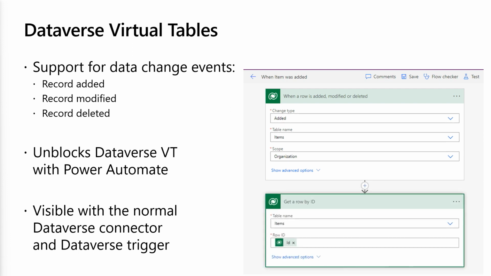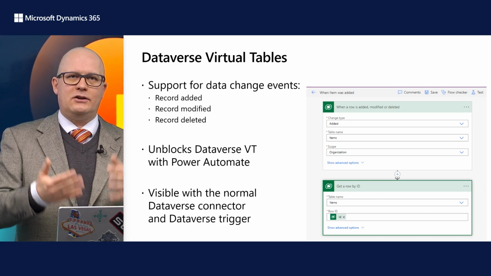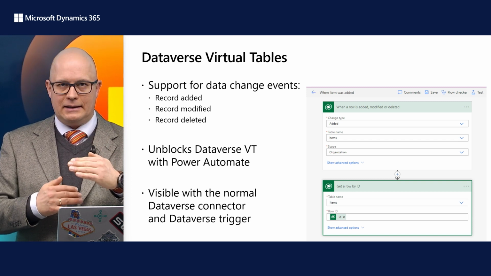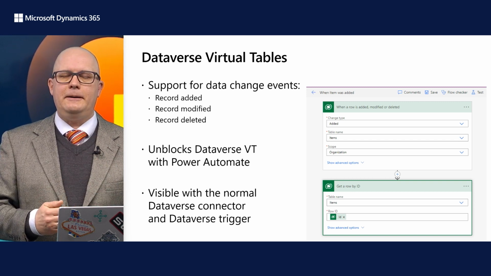For instance, in this case, there is a new record, there is a new item. We're getting that new item from Business Central through the virtual table plugin. So it is actually coming from Business Central, but Dataverse thinks that this is its native Dataverse entity.